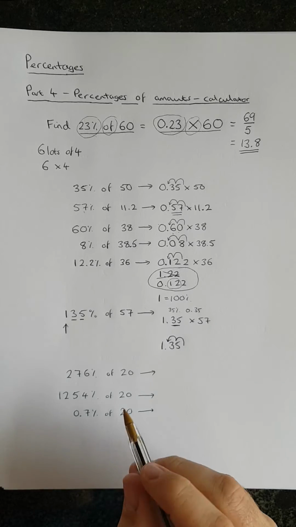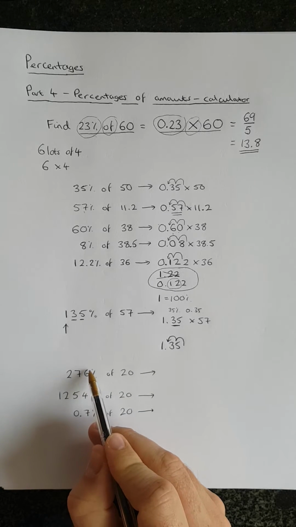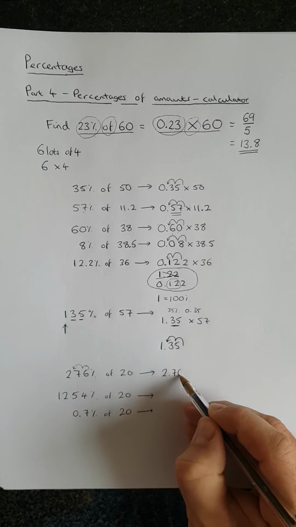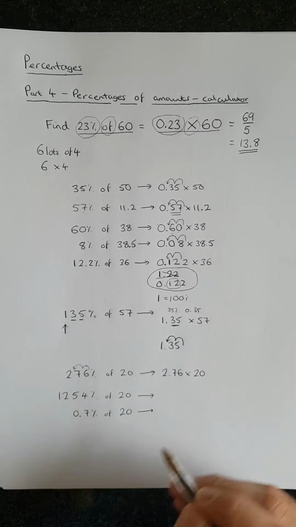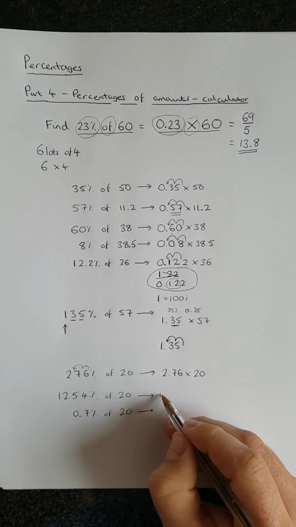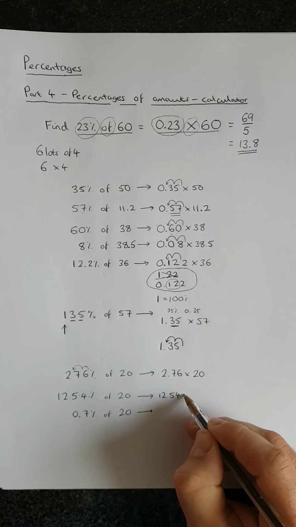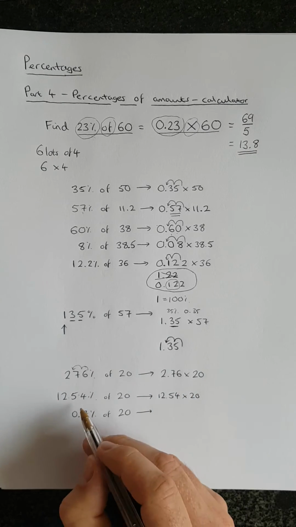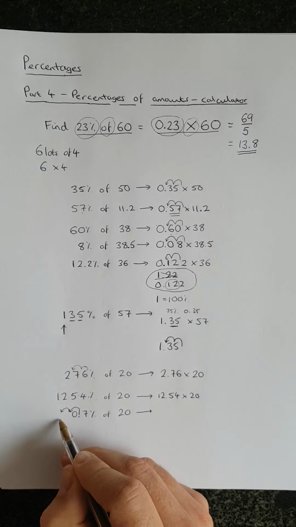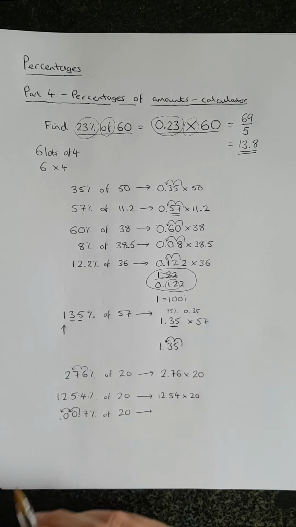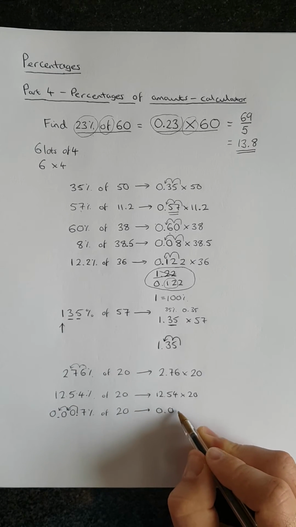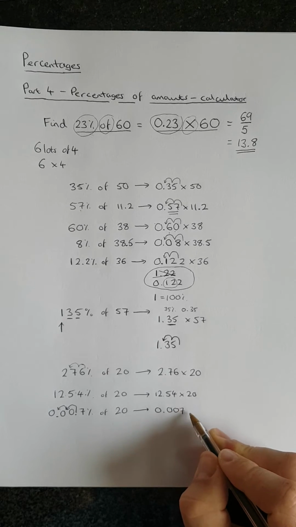So, I'm going to look at the decimal point moving 2 jumps. That's 2.76. I'm going to look at the decimal point jumping 2 jumps. That's 12.54. I'm going to look at the decimal point doing 2 jumps. Right. I'm going to have to put an extra 0 in here because I can't see them. 0.007.